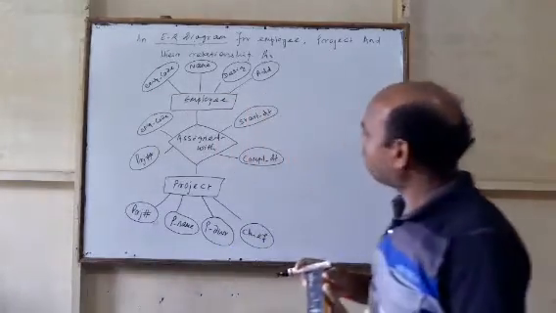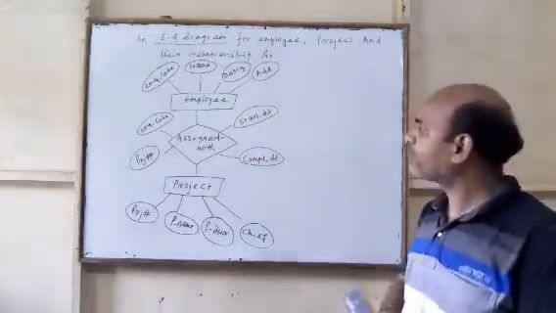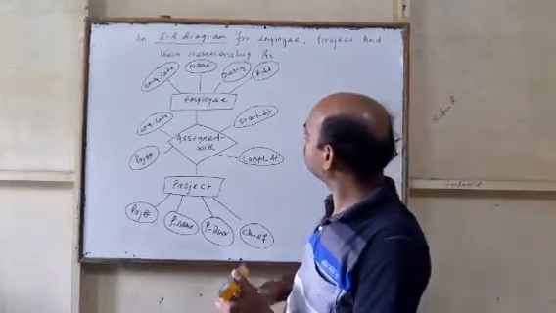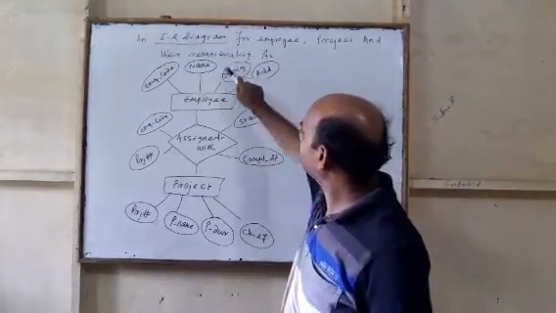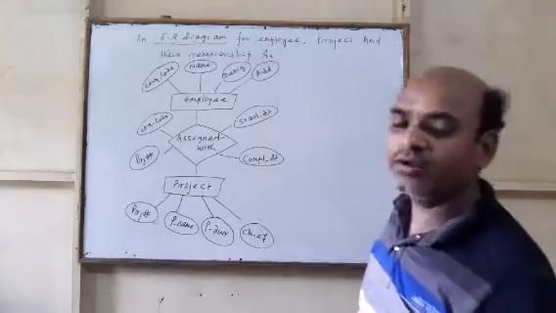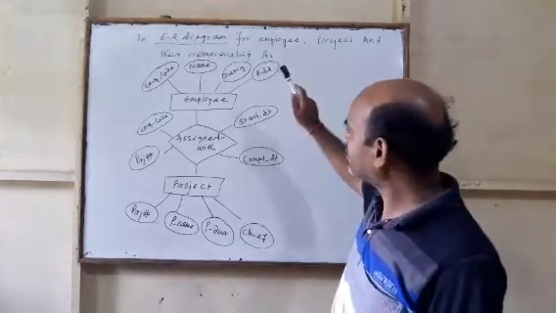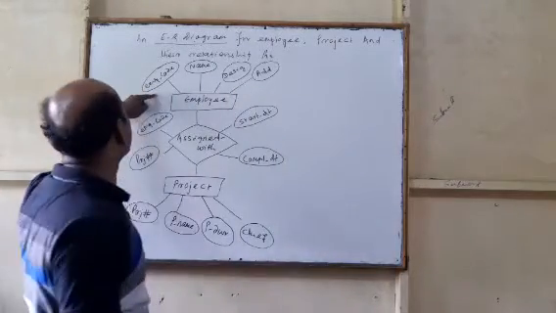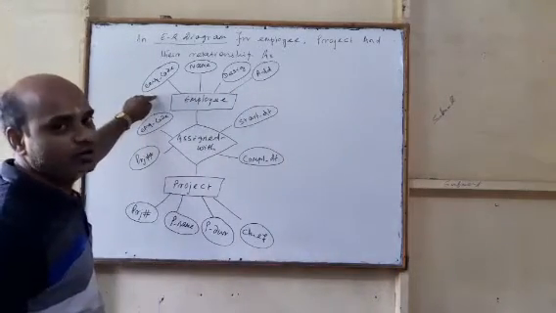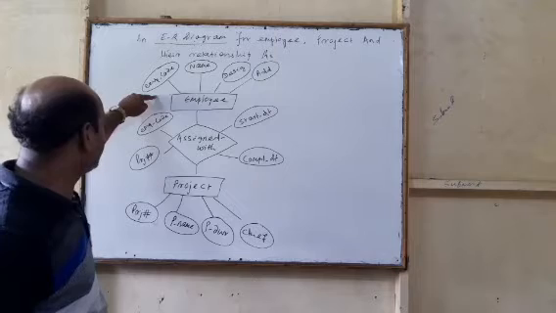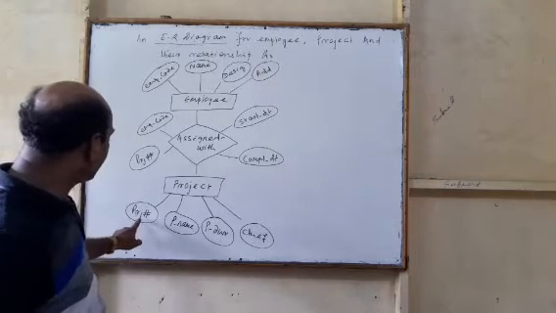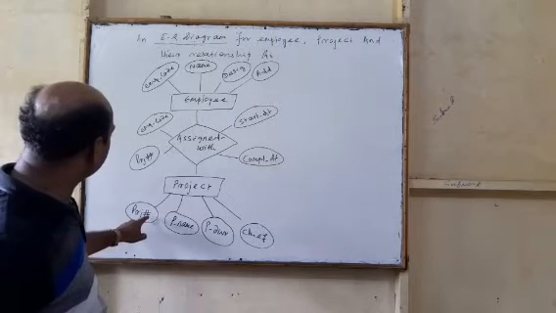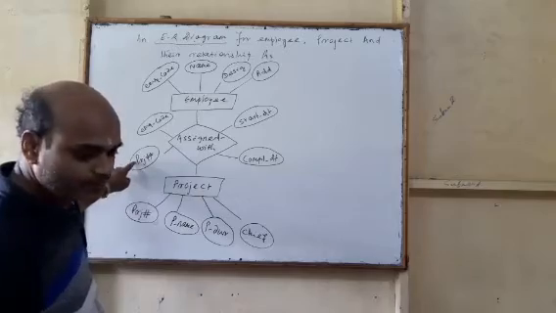Here, I am reminding you that the attributes used are written in a table with the same spelling. Suppose I am writing EMP underscore code, the same code will be used. Don't change it. Suppose I am writing PRJ hash, I write PRJ hash here too.